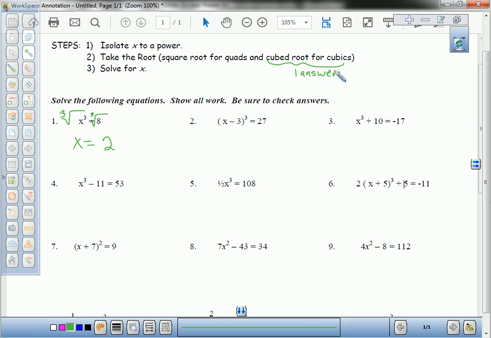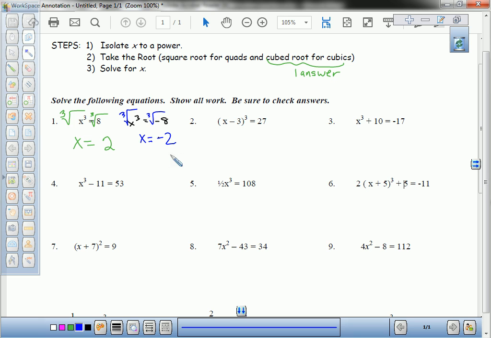Cubed roots are interesting. We can take a cubed root of a positive number, but we can also take a cubed root of a negative number. So if this problem had been to start with x cubed equals negative 8, we can still solve that. Because when we take the cubed root of both sides, the cubed root of negative 8 is negative 2.